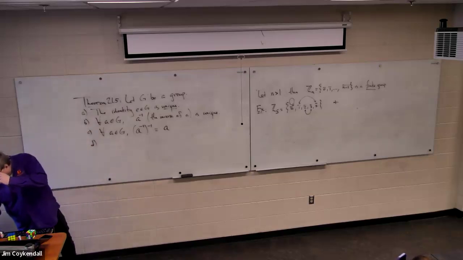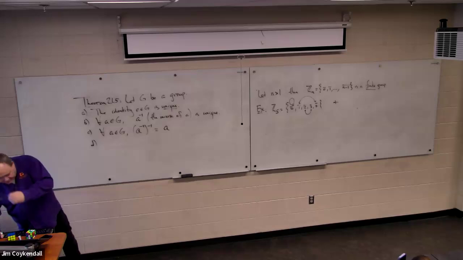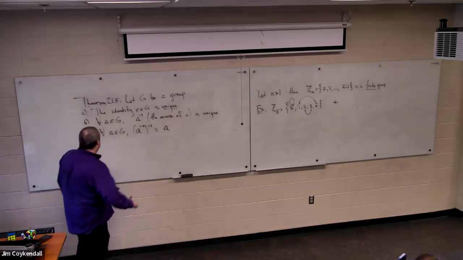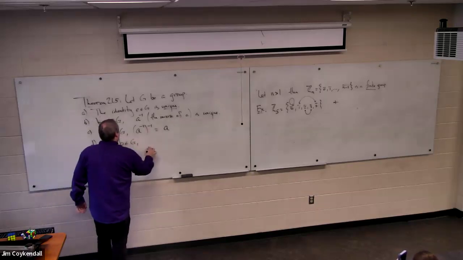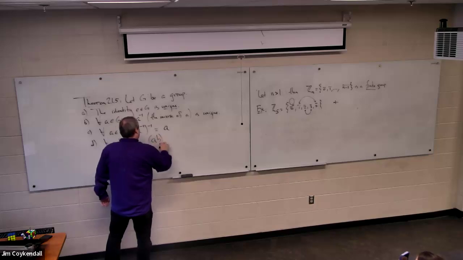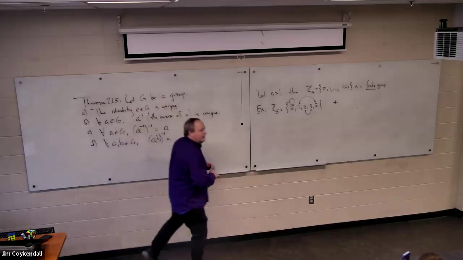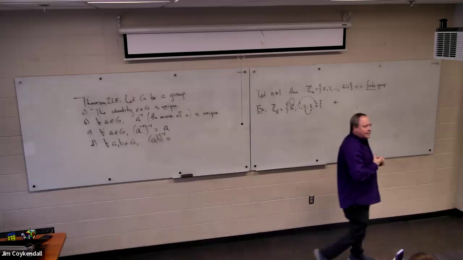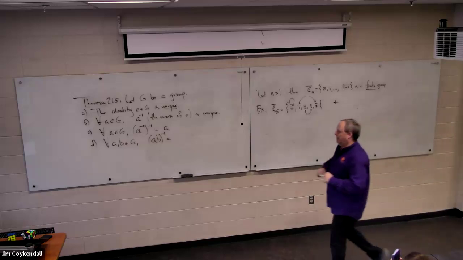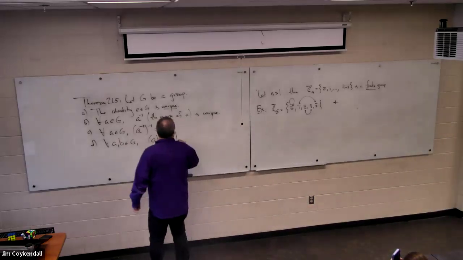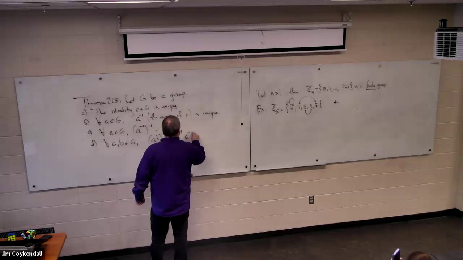And number D, I don't want to guess what this one is. If you struggle with this, you might think about linear algebra. That might help you a little bit. Very good. This is just like the matrix thing that you had in linear algebra.